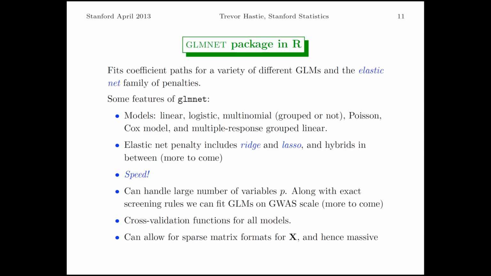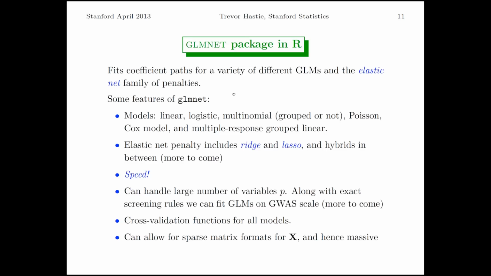So let me tell you about the GLMNET package in R, and I'll explain also why it's so efficient. It fits the coefficient paths for a variety of different generalized linear models and beyond, and it also uses the elastic net family of penalties, and I'll tell you what those are.